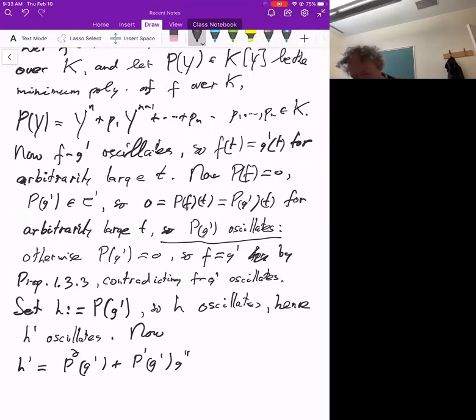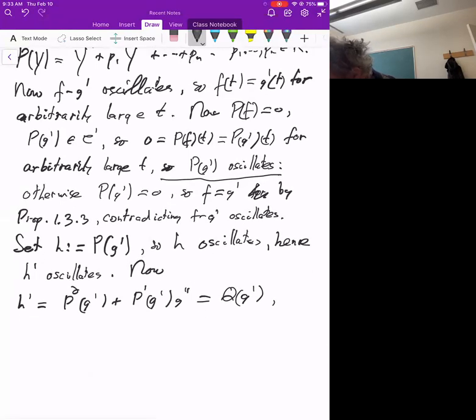P delta being obtained from P by replacing each coefficient Pi by its derivative Pi prime. And this can be written as Q G prime, where Q is just a polynomial over K.